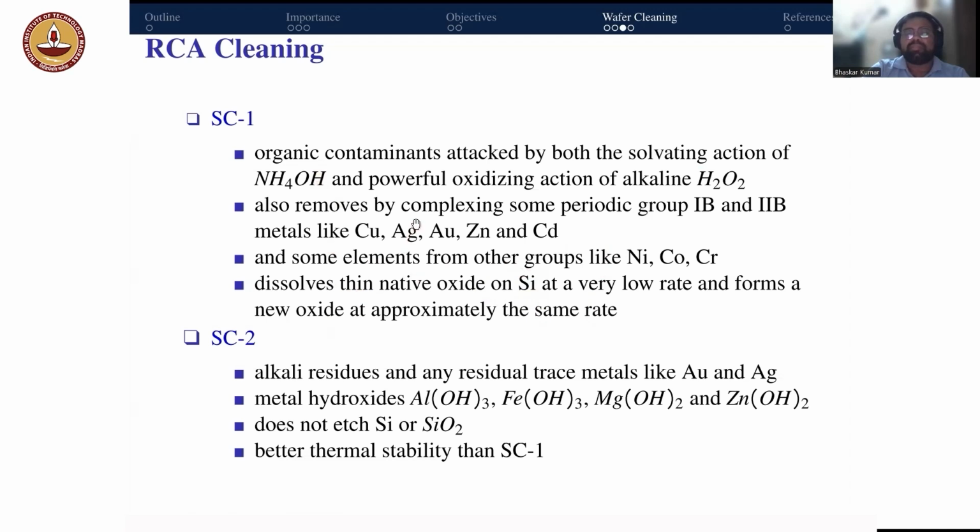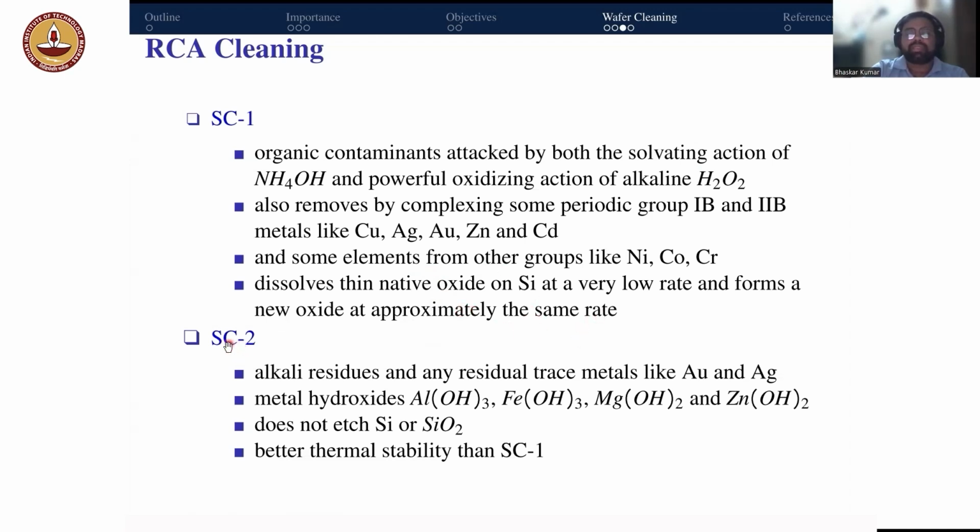Now, as mentioned in the previous slide, after removing from the SC1 solution, we rinse the samples with DI water, and then we place the samples in SC2 solution, which consists of a hydrogen peroxide and hydrochloric acid mixture.